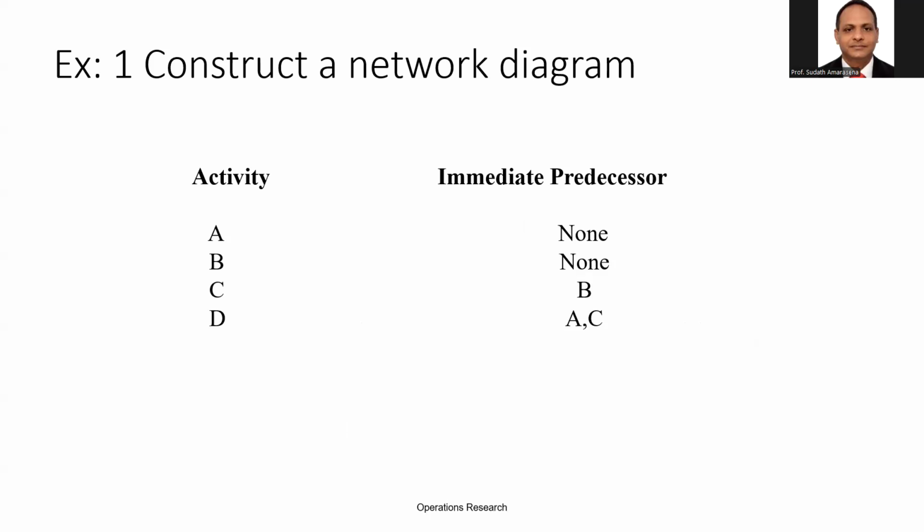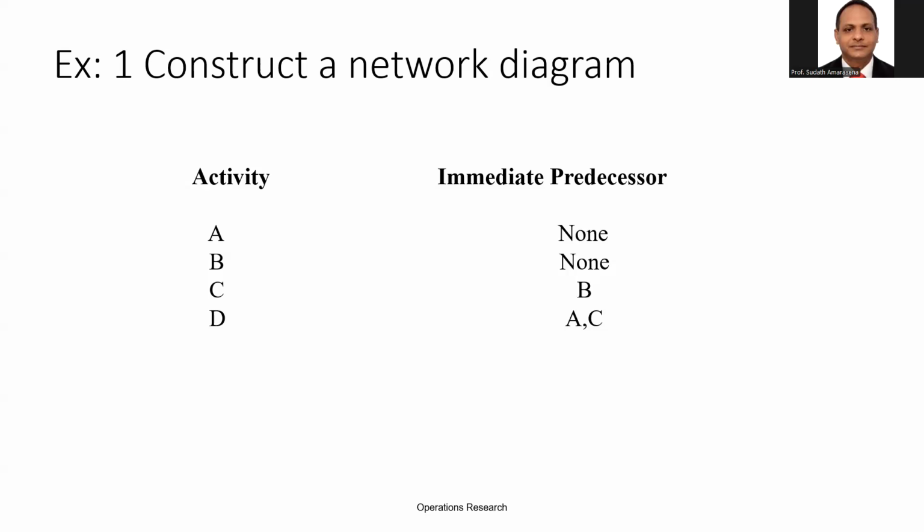When you're going to do the network diagram, we consider the activity. Activity means the tasks to be performed to complete the entire project. Immediate predecessor means the tasks we need to complete before starting this particular activity.